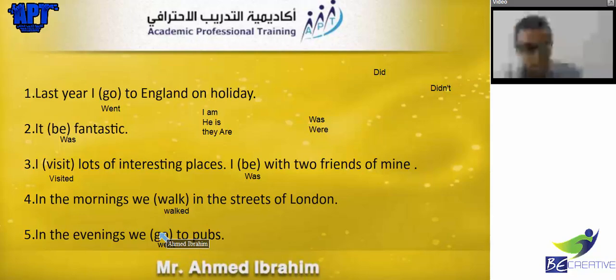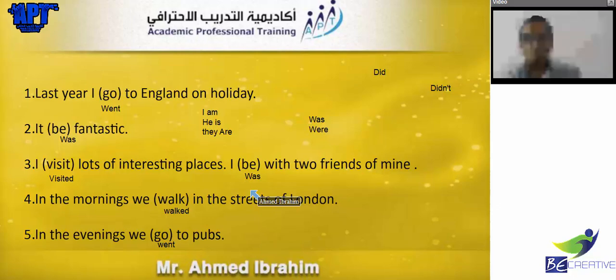Always. If you noticed during my explanation for these sentences, I ignored two sentences, this one and this one. Can you see what's in common between them? Do you notice? Excellent. The verb here and here is verb to be.